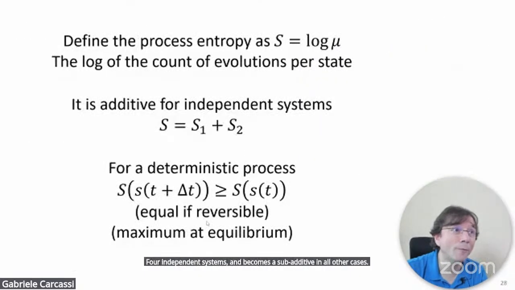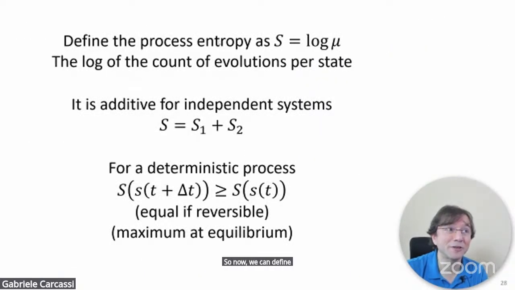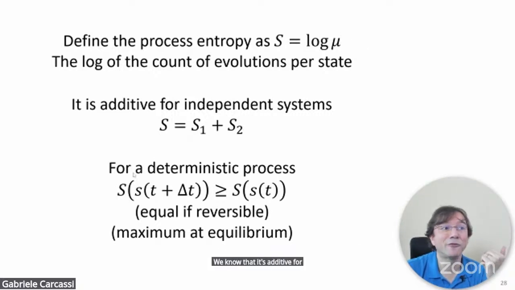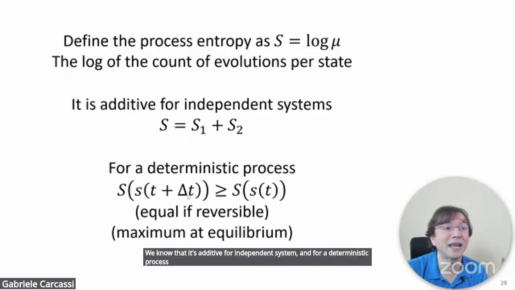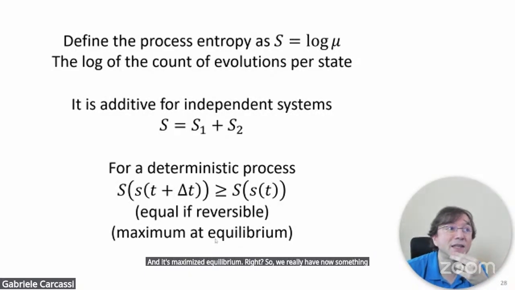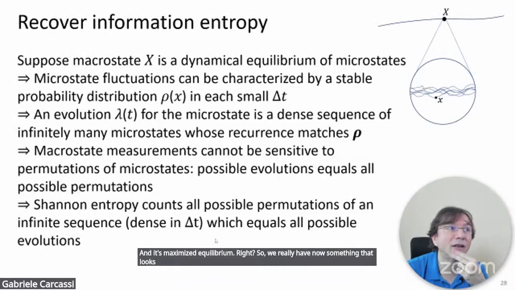So now we can define the process entropy to be this logarithm of the count of evolutions. We know that it's additive for independent systems, and for a deterministic process, it cannot decrease. It remains the same if it's reversible, and it's maximized at equilibrium. Right? So we really have now something that looks like an entropy.